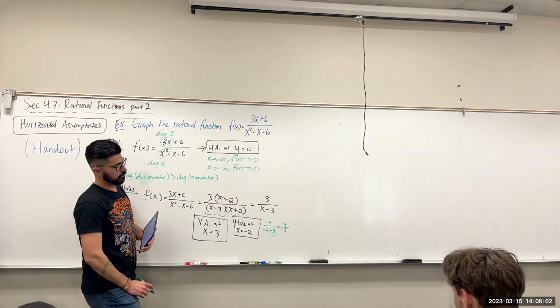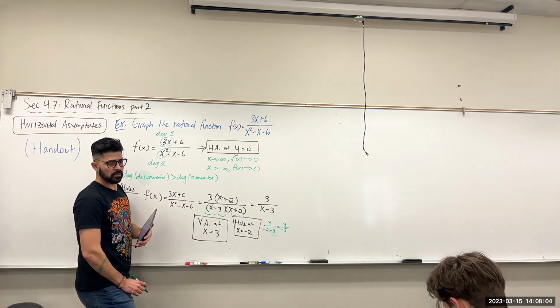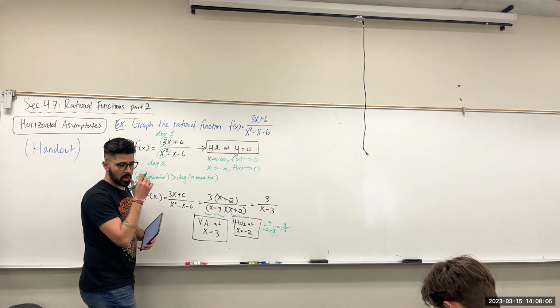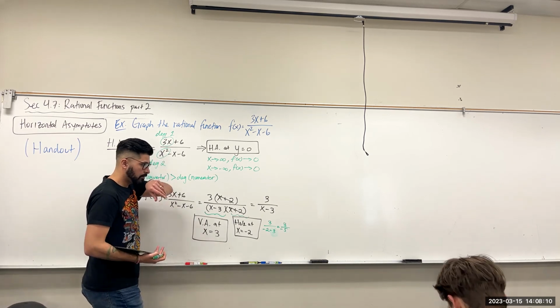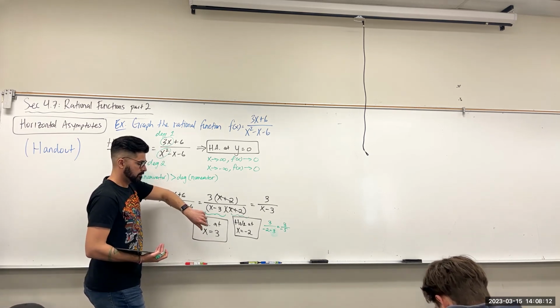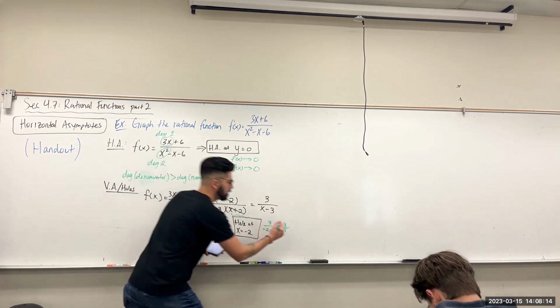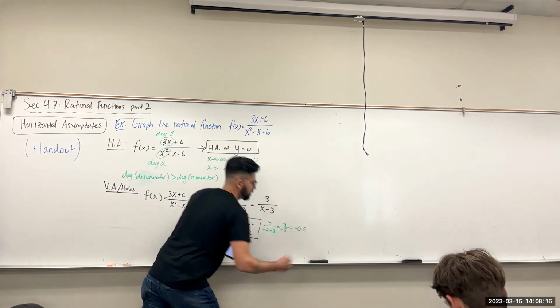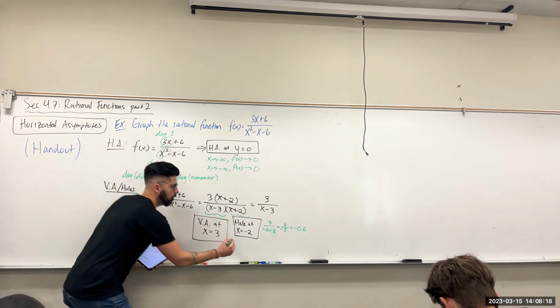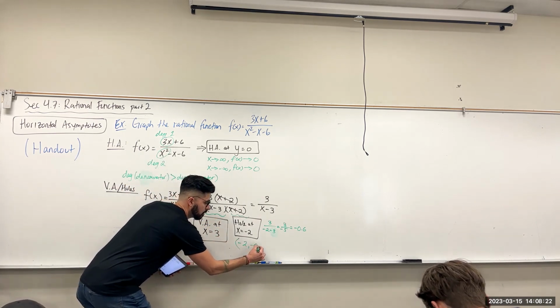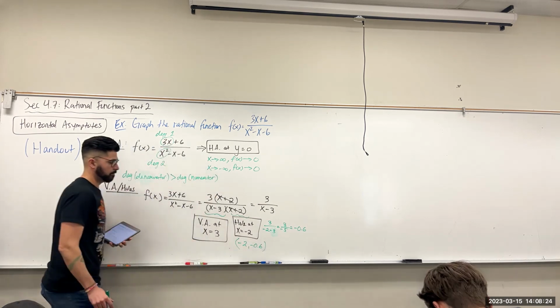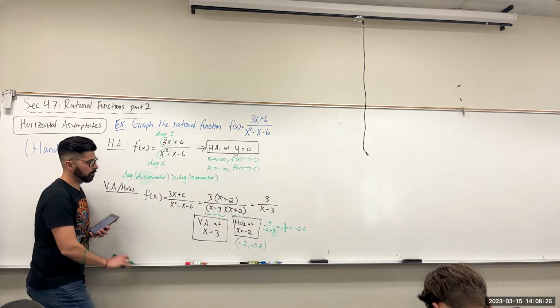That's -0.6. 3 divided by 5 is 0.6, so the answer is -0.6. So there's going to be a hole. What are the coordinates of my hole? At -2, -0.6. That's where you're going to have your hole.